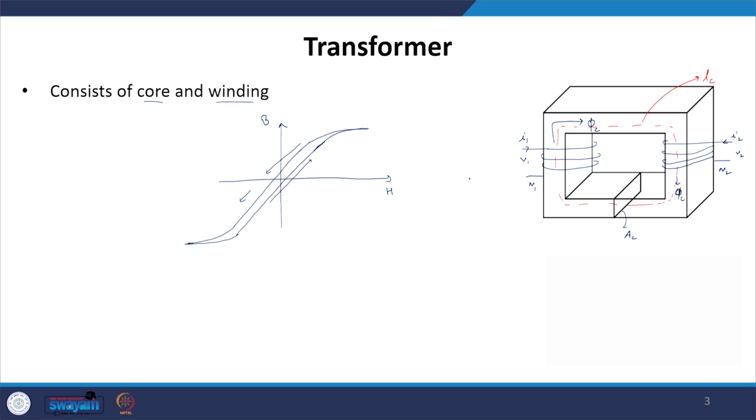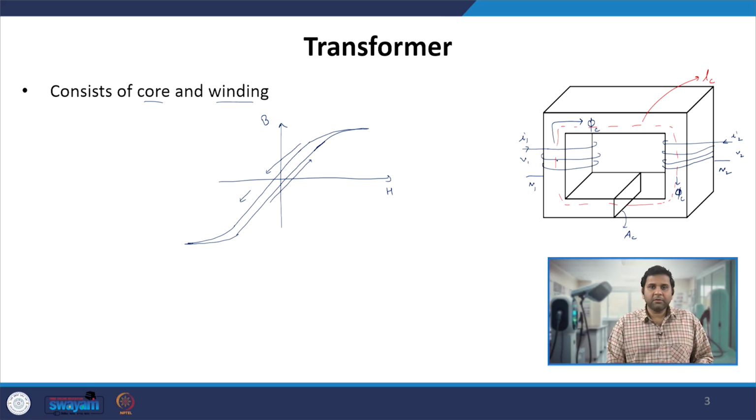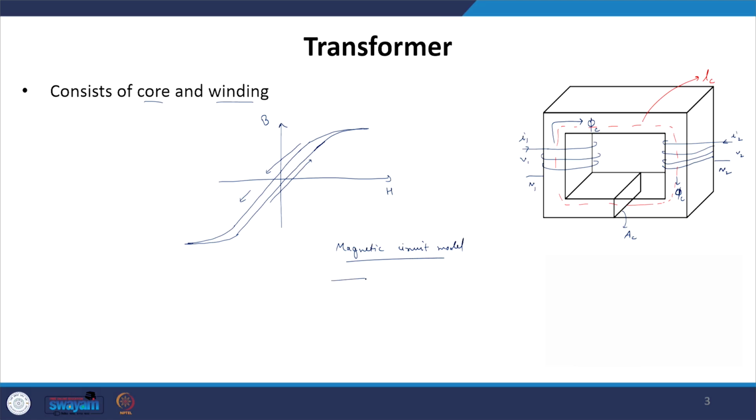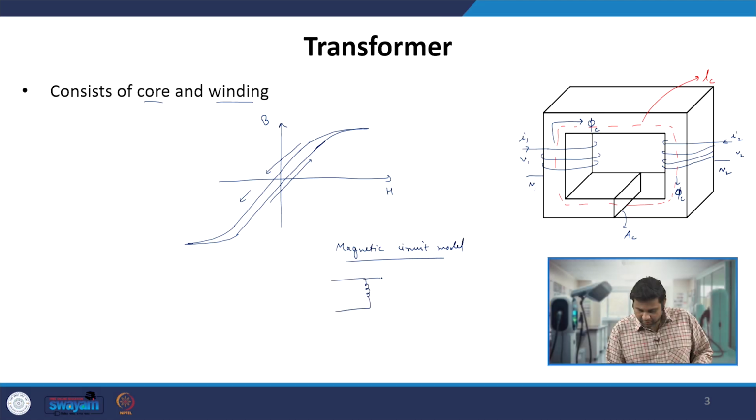Now, if we look at the transformer magnetic circuit model, from it we can draw the model, and our transformer will look something like this, where we have N1 and N2 turns.